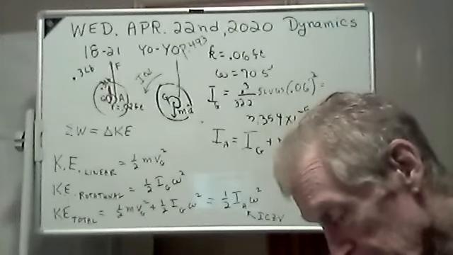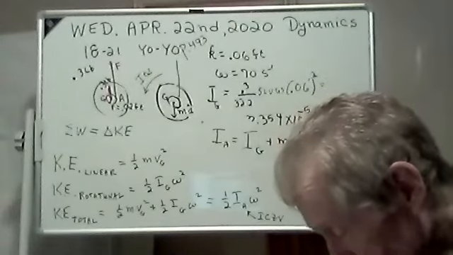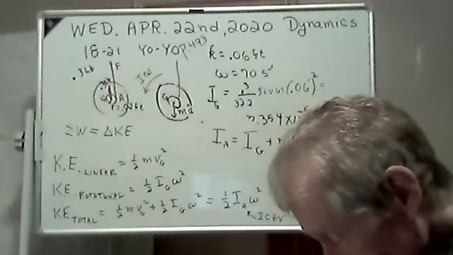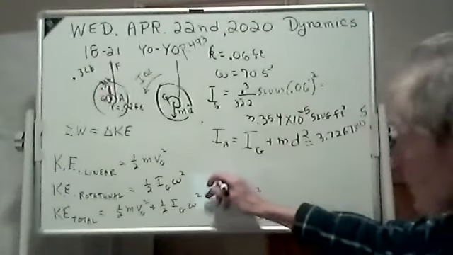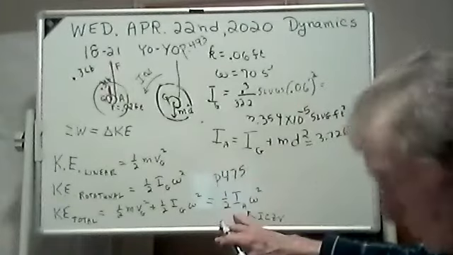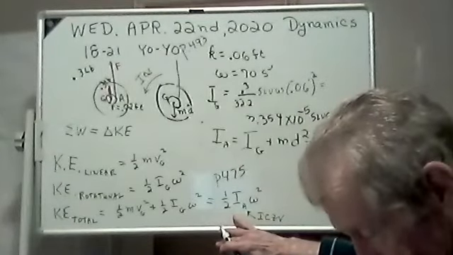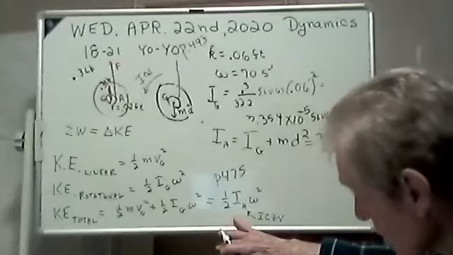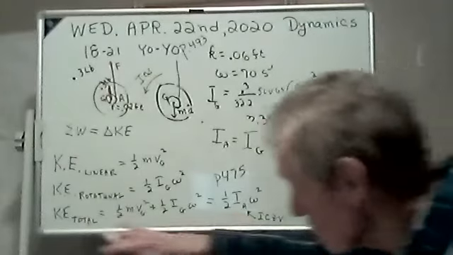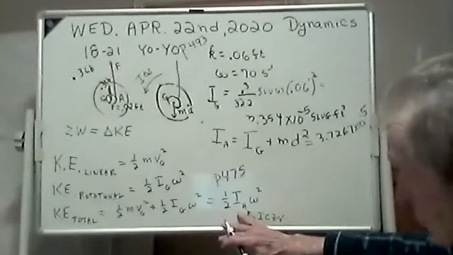But it's on page 475. If you will look on page 475, you will see this equation here. It's the total. This gives you the total kinetic energy, but there's a catch.